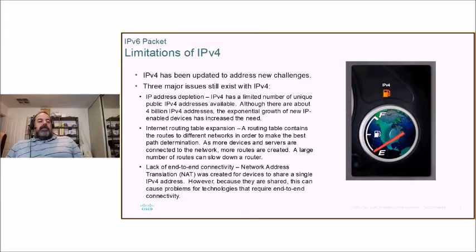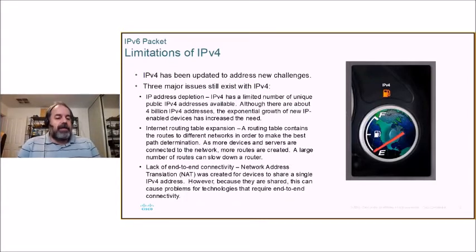Now, IPv4 was designed many years ago, and it was not really designed for the purpose it's being used for now. They had no idea when they designed it that the internet would be what it is, and so basically it's got problems.